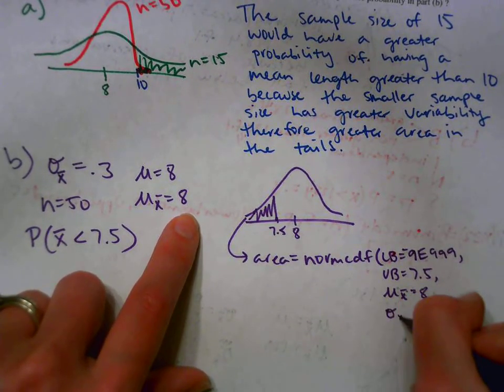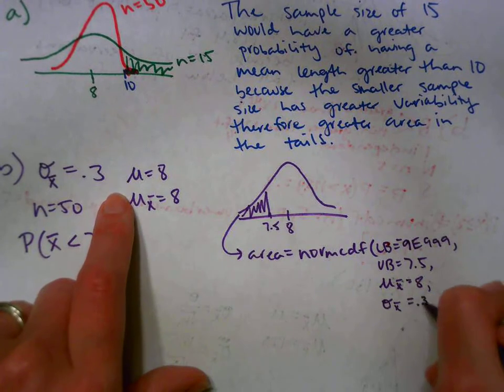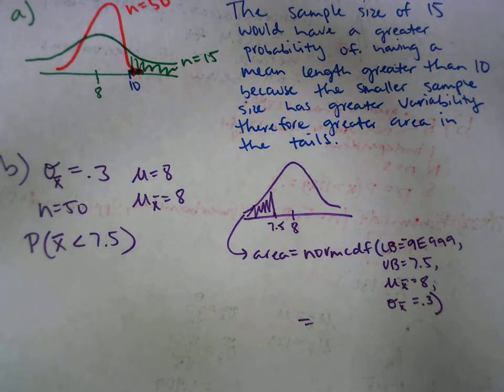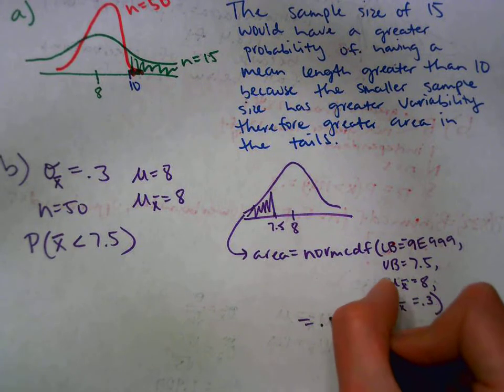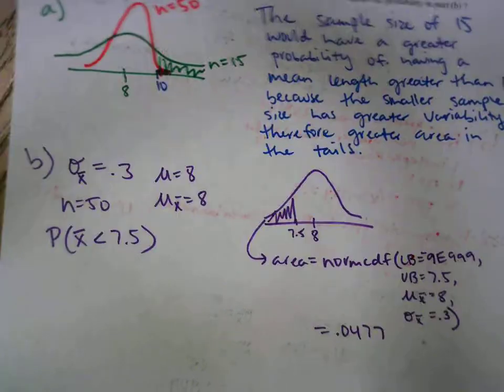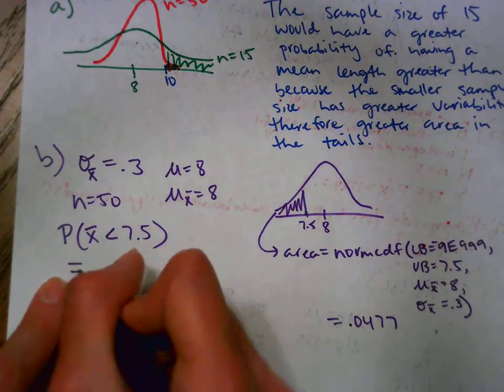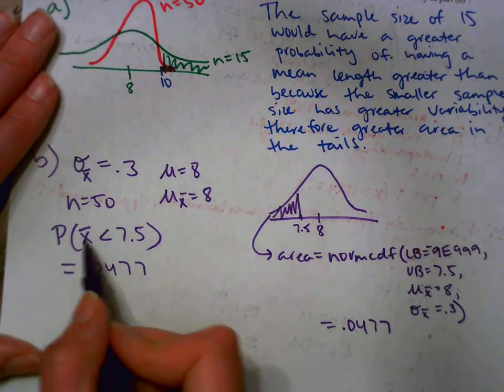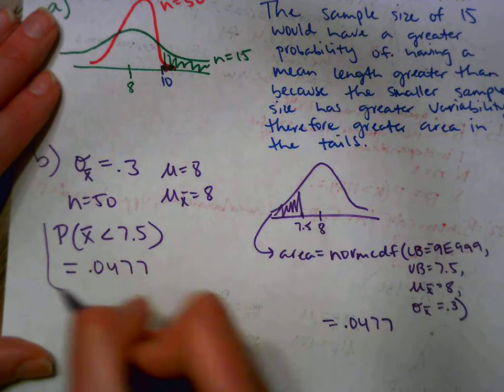And the standard deviation of our sampling distribution is 0.3. And if you type all that in your calculator, you should get 0.0477. So that is the probability of getting a sample mean of less than 7.5.